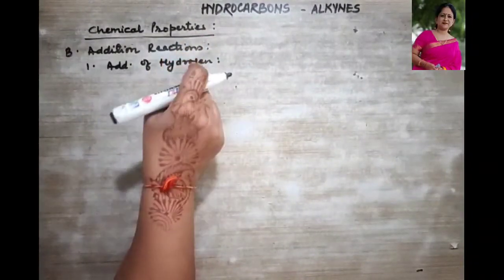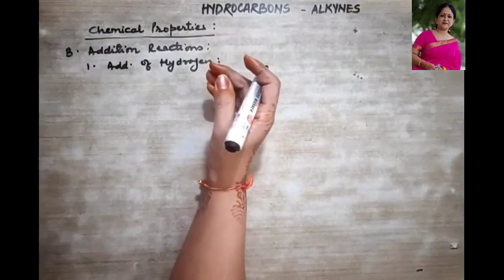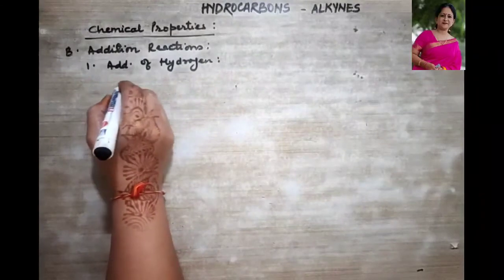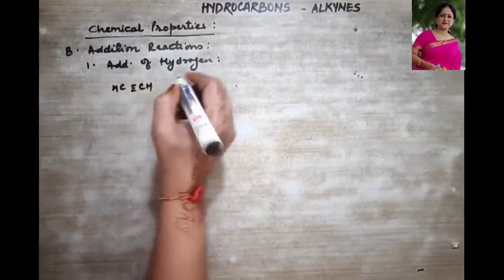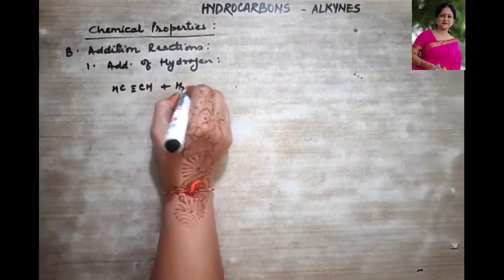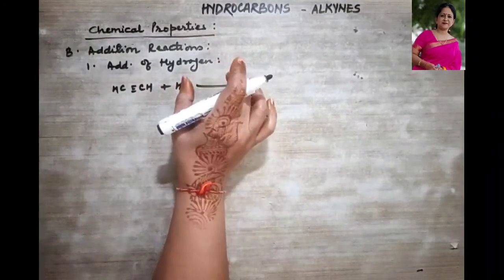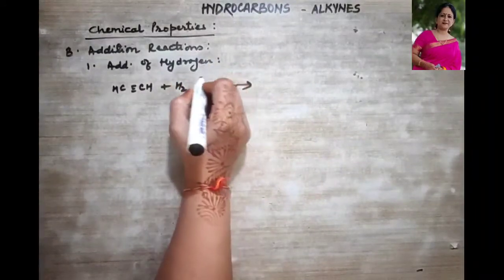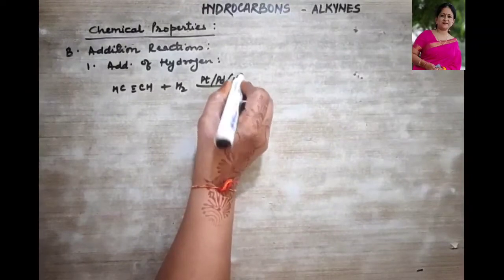First they form alkenes, and then on further addition of hydrogen, they form alkanes. For example, one bond will be removed, okay, but this reaction takes place in the presence of a catalyst. And what are those catalysts? Could be platinum, palladium or nickel.